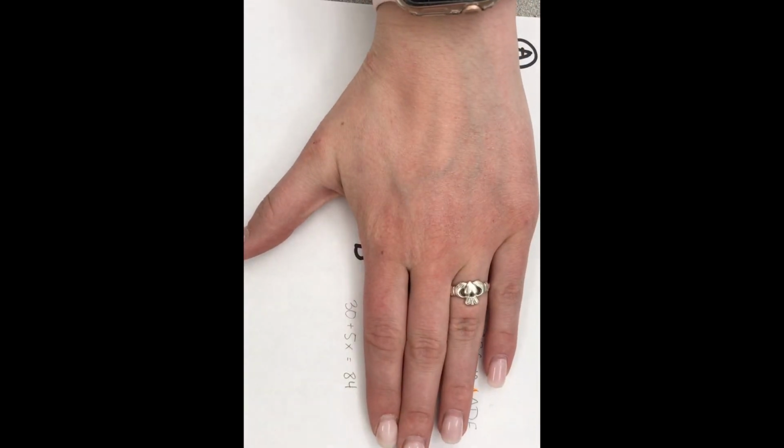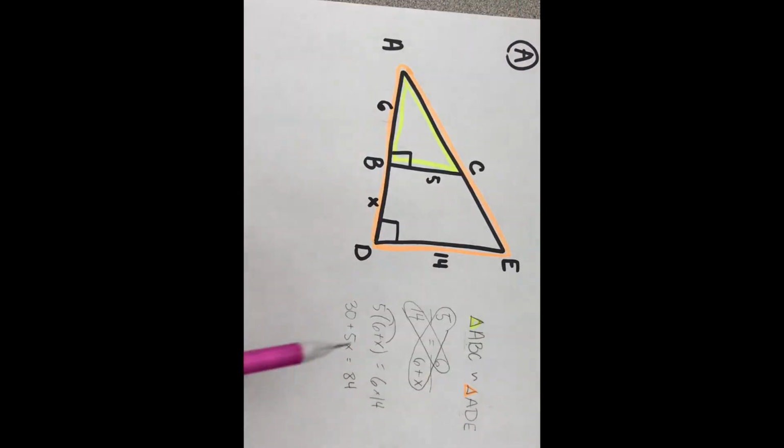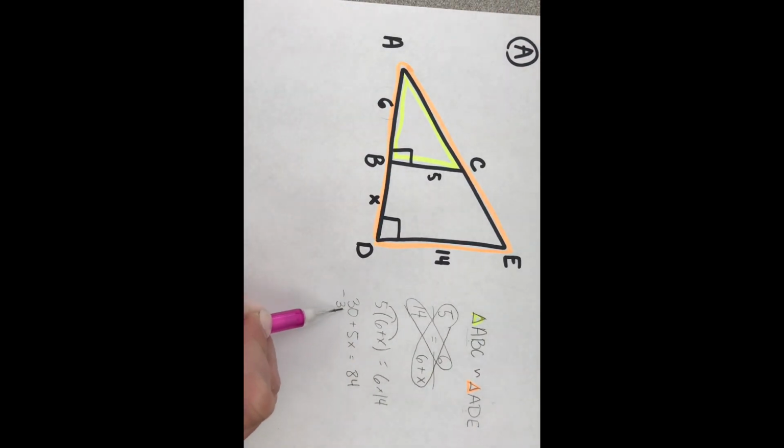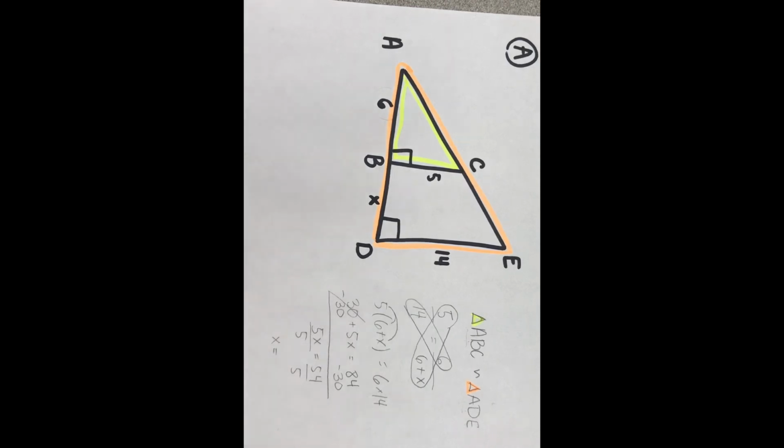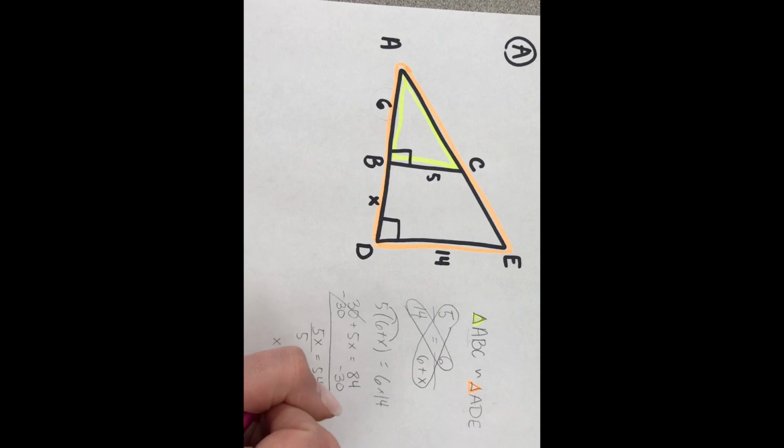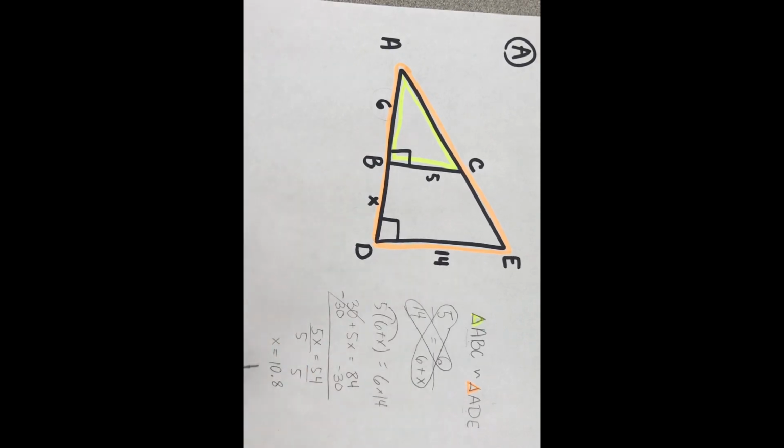It's a two-step equation that I can solve. I need to combine like terms by moving the 30 away from the x. 5x equals 54. Divide both sides by 5. And x equals 10.8. And that's it.